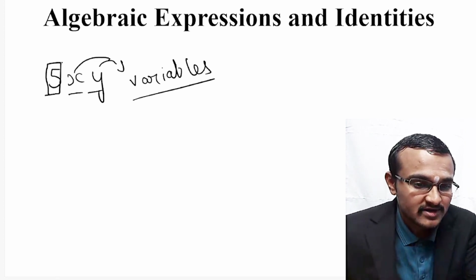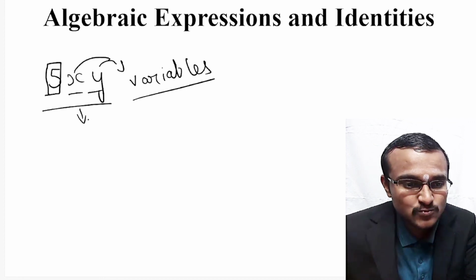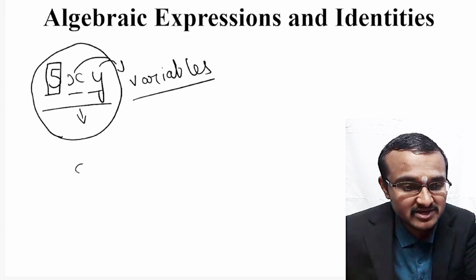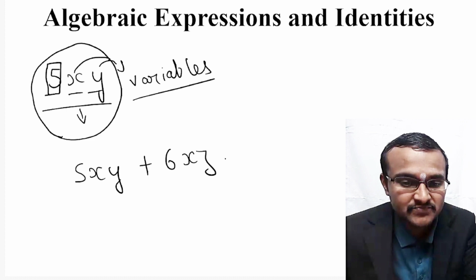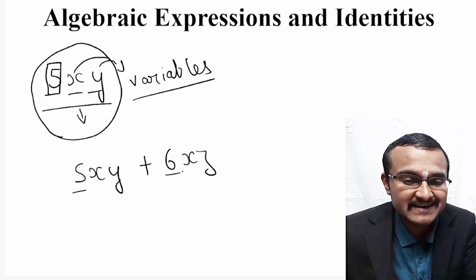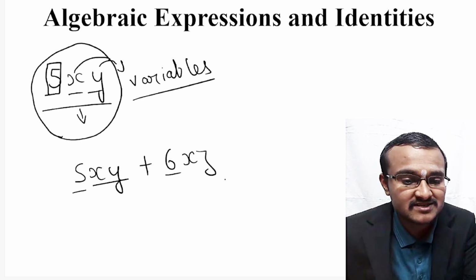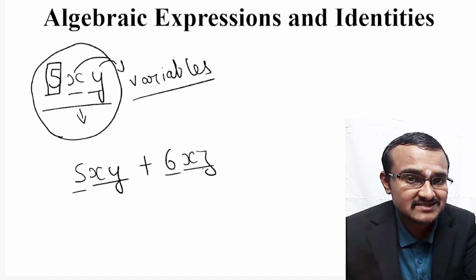Here 5xy is just one term, so this is a monomial. For example, if I give 5xy plus 6xz, here you cannot add 5 and 6 because 5 has x and y as its components, whereas 6 has x and z as its components.